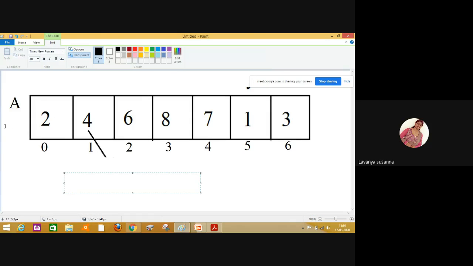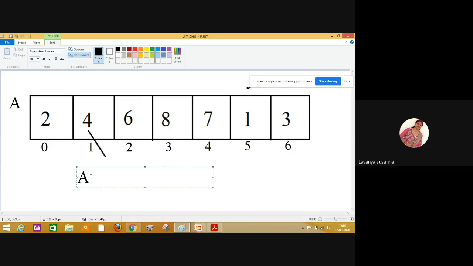Here the array name is A. To access the element, first you need to give the array name. What is the array name here? A. Just A. Next, you need to give the subscript operator.